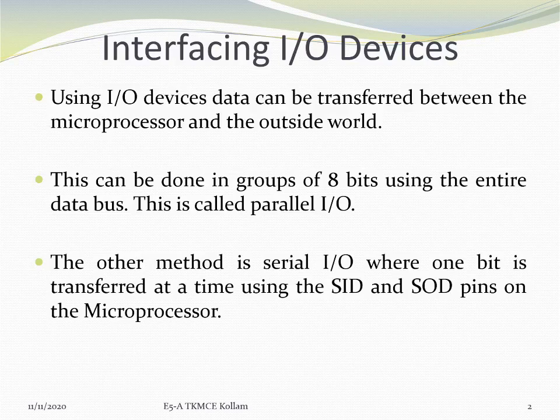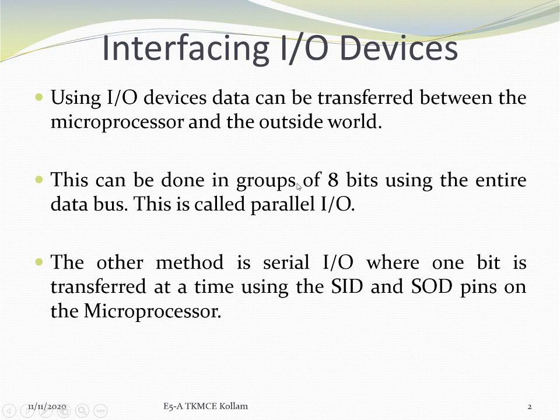Content of accumulator is transferred to output port, one bit, by means of SOD pin, and similarly one bit of data can be taken inside microprocessor by means of SID pin. So here one bit is transferred at a time. This method is usually termed as serial I/O data transfer.